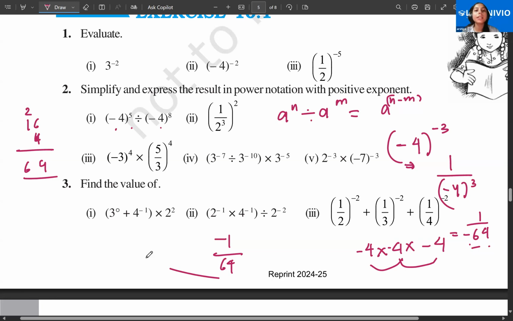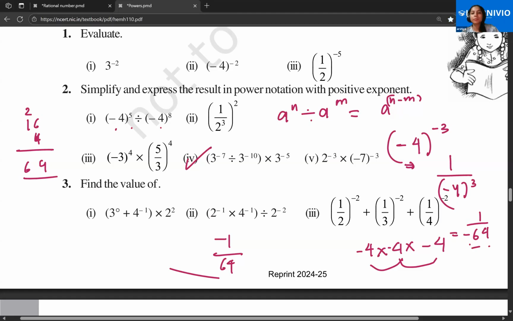Okay. Can you try this one? The fourth one. Yes. Give it a try.